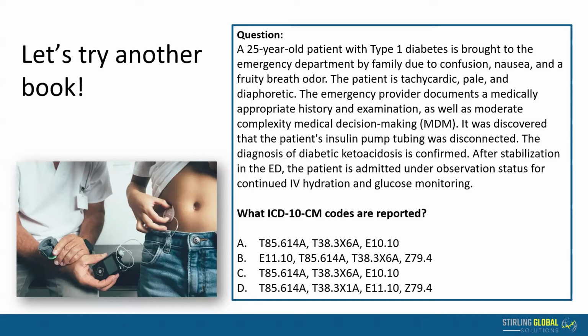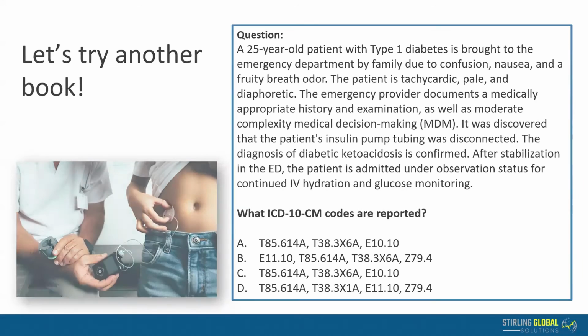The emergency provider documents a medically appropriate history and exam, as well as moderate complexity medical decision making. It was discovered that the patient's insulin pump tubing was disconnected. The diagnosis of diabetic ketoacidosis is confirmed. After stabilization in the ED, the patient is admitted under observation status for continued IV hydration and glucose monitoring. What ICD-10 codes are reported?